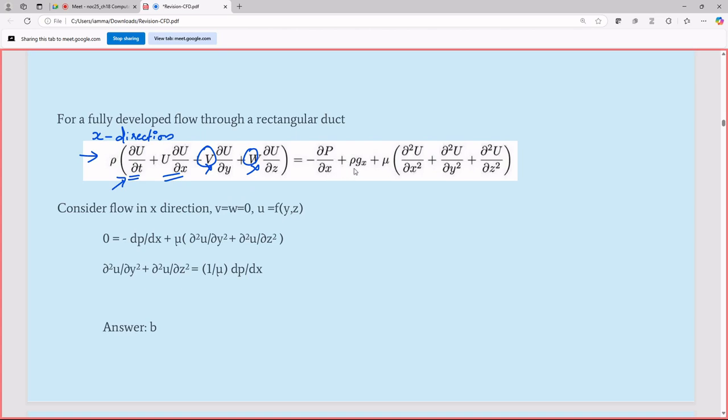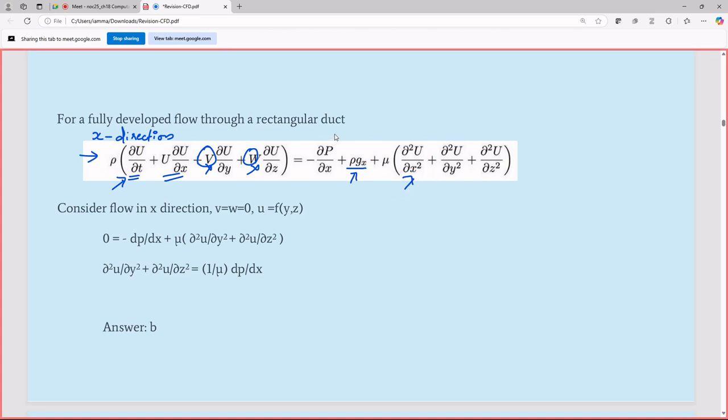Then we are left with the right hand side only, where the negative gradient dou p by dou x will remain, plus we can neglect this particular term, which is the body force. Then, dou square u by dou x square is 0, because u does not vary with x, so this term will also be 0.